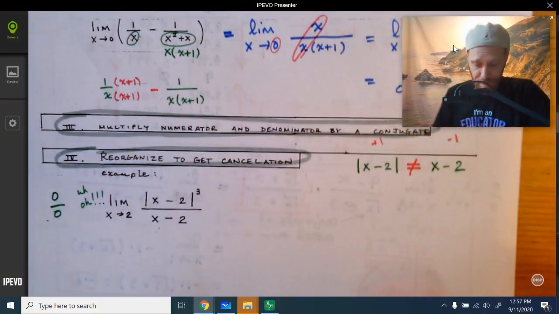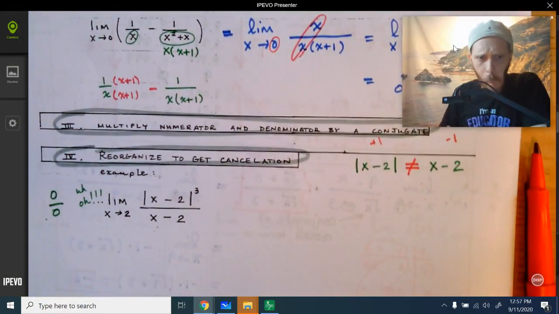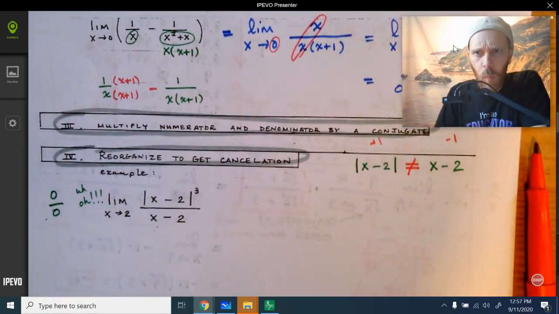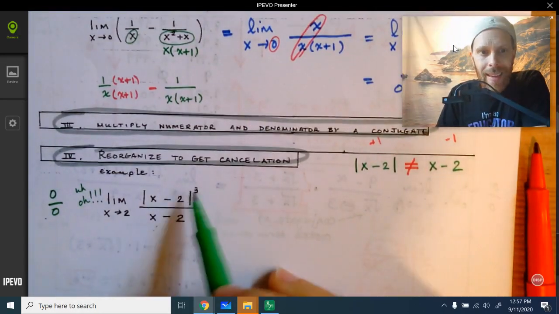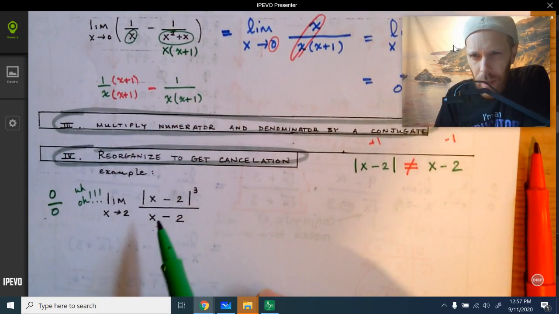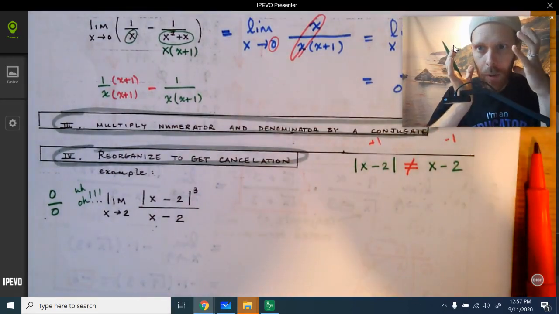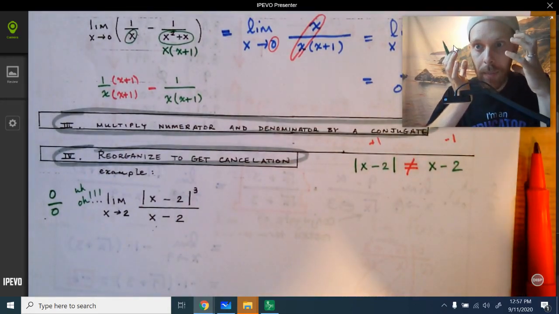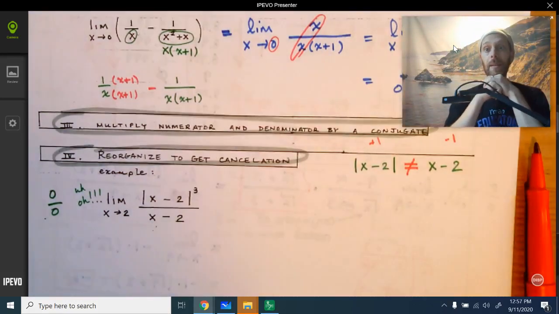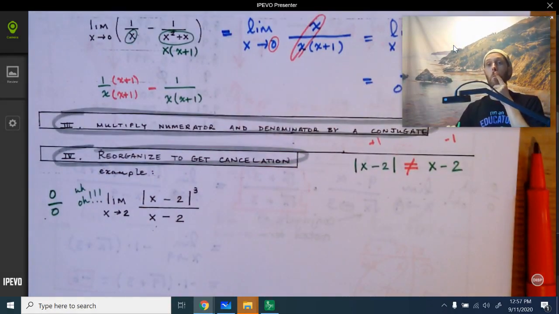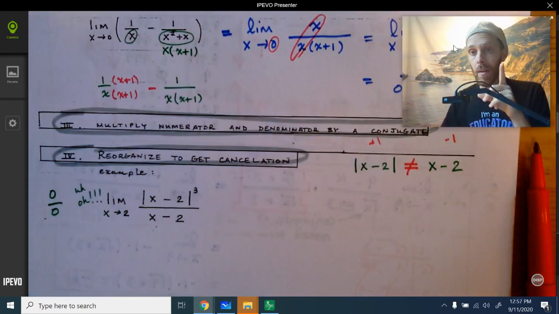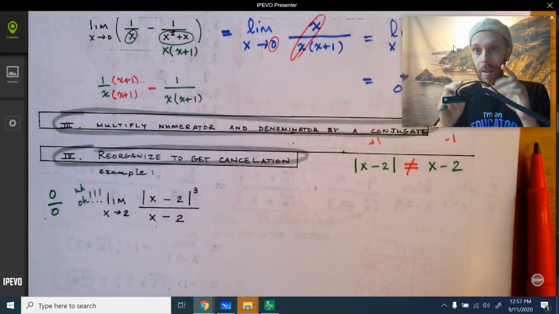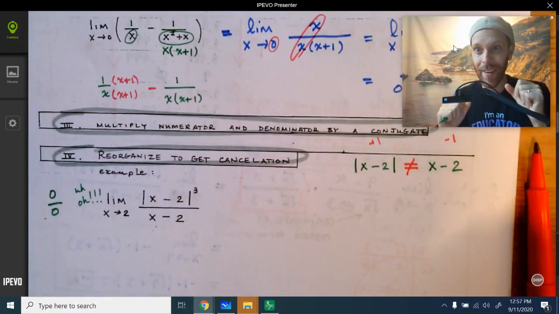I'm back. Now, what could we do? Well, let's think about what absolute value does. Absolute value makes things positive. Can you think of something else that makes things positive? What about squaring, right?